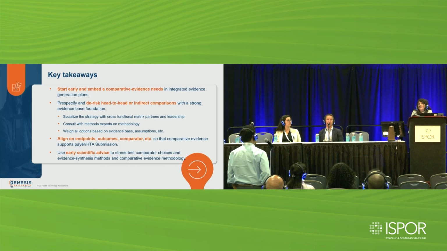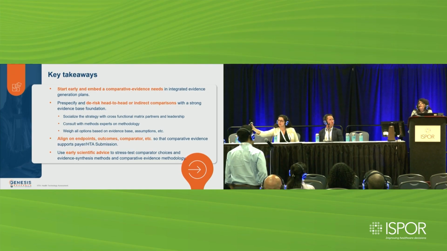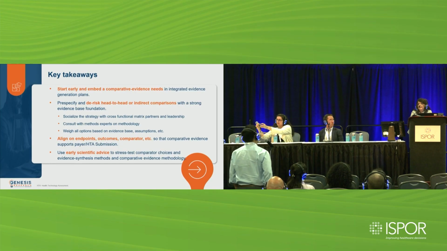Now, as far as proactive dissemination is concerned, there are some new regulations from the FDA where if the population, the indication is consistent to the label, then you could present the information proactively.